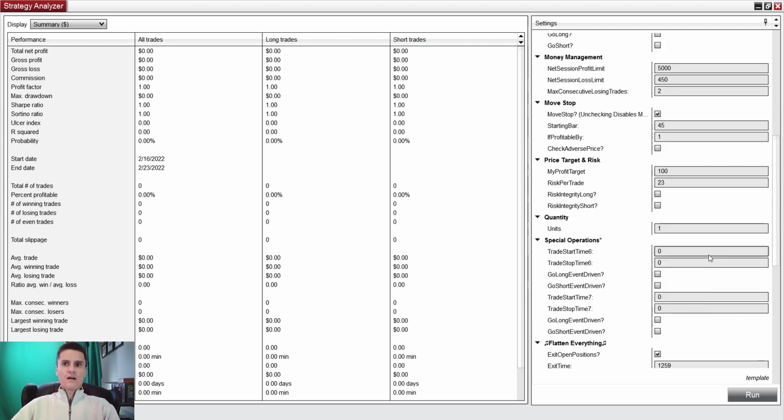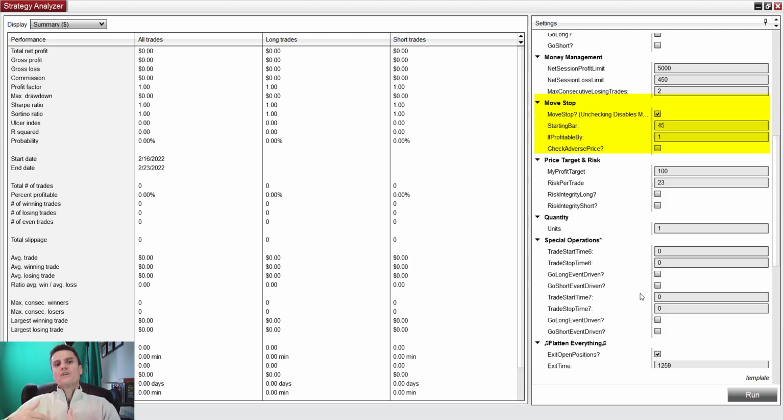Moreover, I have another part here that I've added, which is move stop, where if you hit a particular target in unrealized profit, and you've been in the trade for X number of minutes, or X number of bars in this case, but this is a 1 minute chart, so it's how many minutes you've been in the actual trade, and if price has moved against you, then you can get out earlier than your price target or your stop.